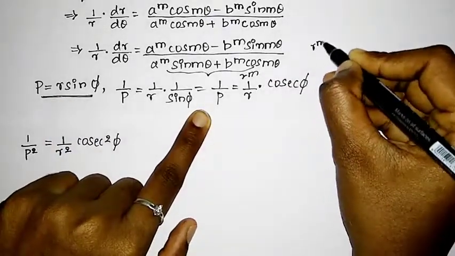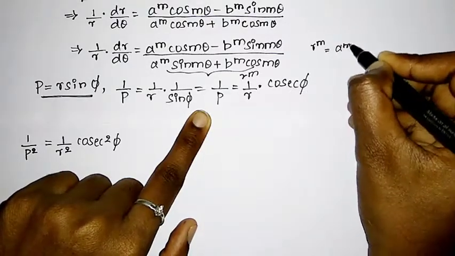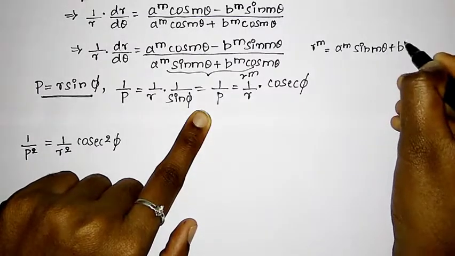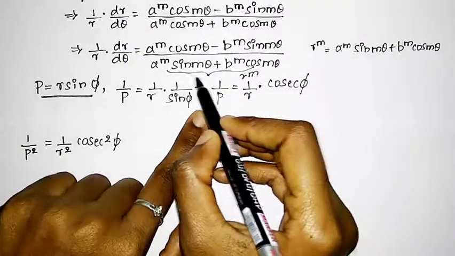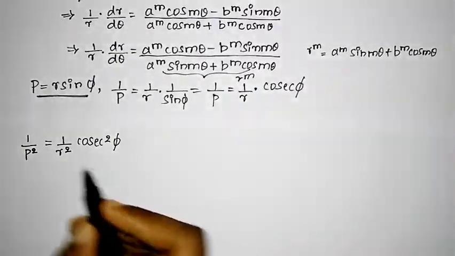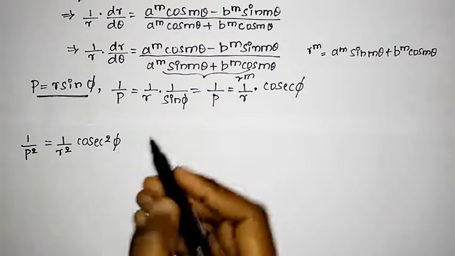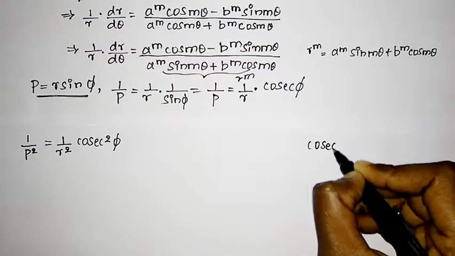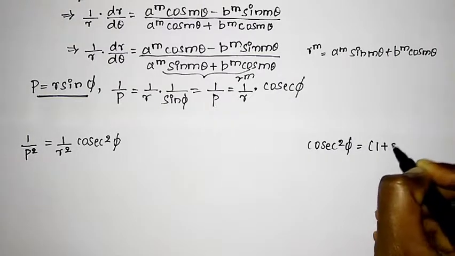As we know, r raised to m in the given equation is equal to a raised to m into sin m theta plus b raised to m into cos m theta. So we have just substituted this in the equation. Therefore 1 by p square is equal to 1 by r square into cosec square phi. As we know, cosec square phi can be written as 1 plus cot square phi.